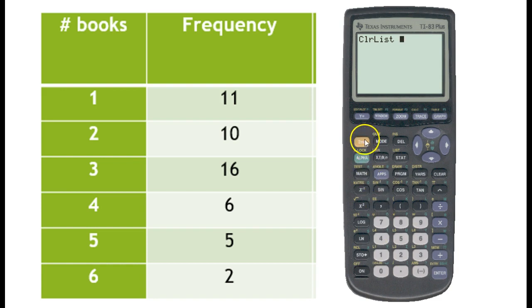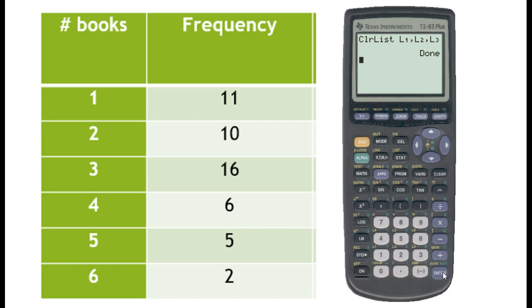So clear list, we are going to hit second, and the number 1, because you can see in yellow right here, it says L1. And then the comma, which is above the 7 button, its own button. Then we're going to do that for list 2, so second 2, comma, second 3. So we're going to clear out list 1, 2, and 3, hit enter.